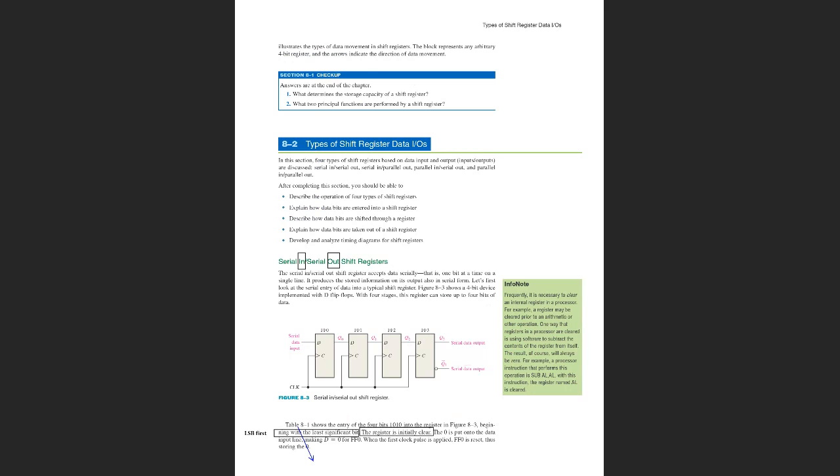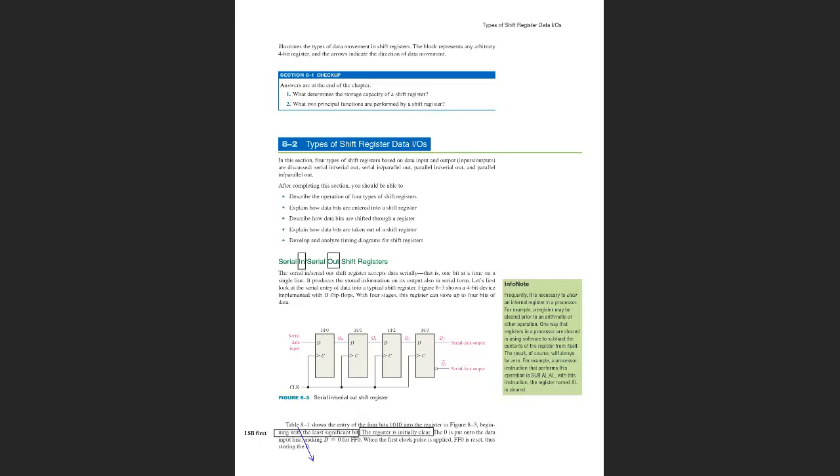Let's have a serial in, serial out shift register. As you may see on figure 8.3, it's four D flip-flops. What is special here is the fact that the system is synchronous, which means all input clocks are acting at the same time. They are connected.